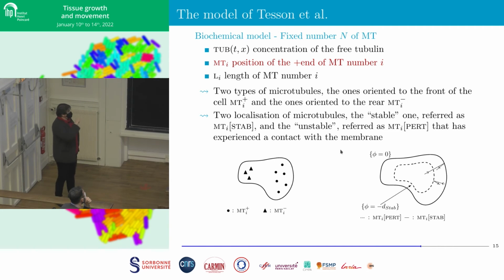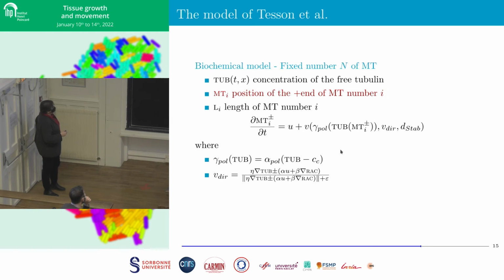And we have a region in the neighborhood of the membrane where the microtubule are more unstable than far from the membrane. So in fact, we split the population into four types of microtubule.